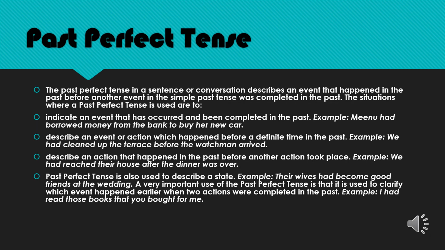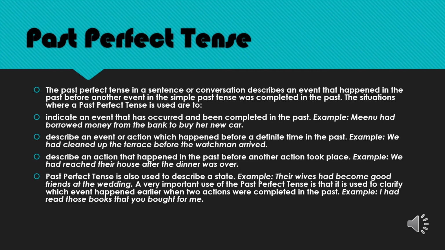Past perfect tense. The past perfect tense in a sentence or conversation describes an event that happened in the past before another event in simple past tense was completed in the past. The situations where past perfect tense is used are to indicate an event that has occurred and been completed in the past.